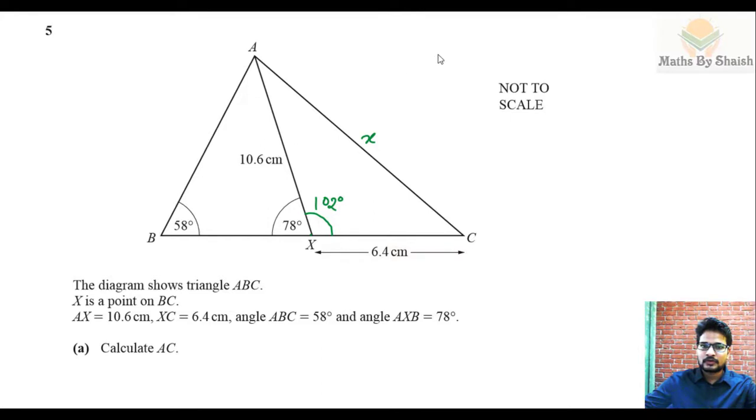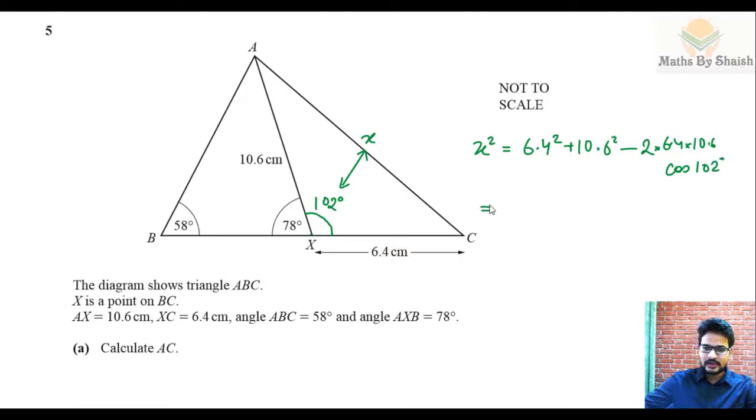From the cosine rule, the pair is x and 102, meaning the angle and its opposite side. So by the cosine rule, x squared equals 6.4 squared plus 10.6 squared minus twice of 6.4 into 10.6 and cos of this angle, that is cos of 102. So we can directly calculate this whole thing.